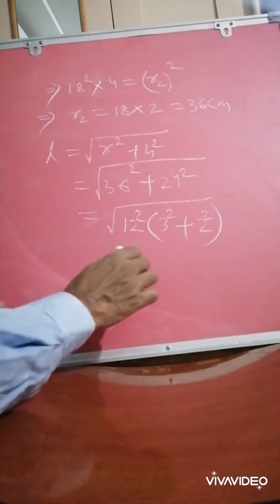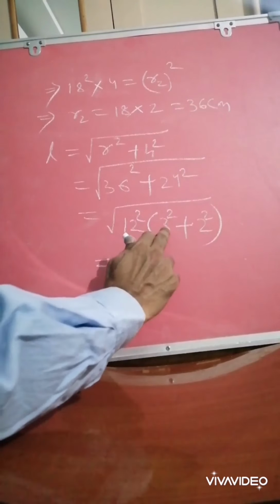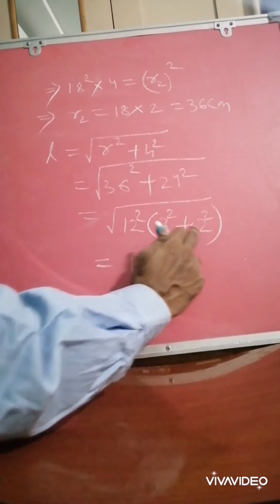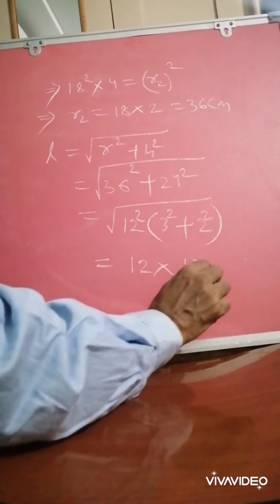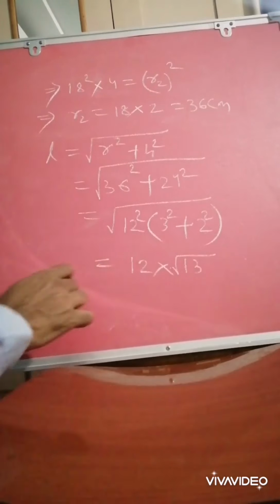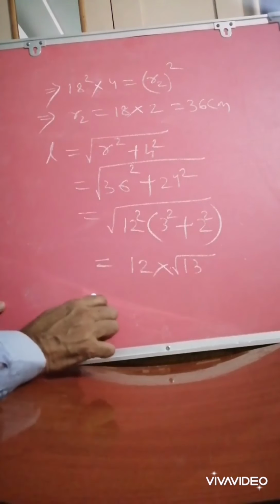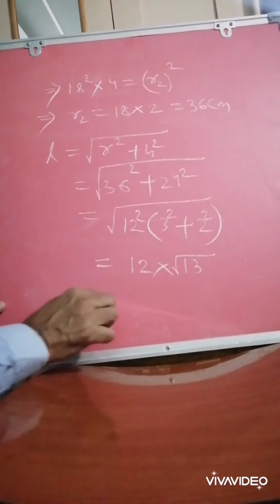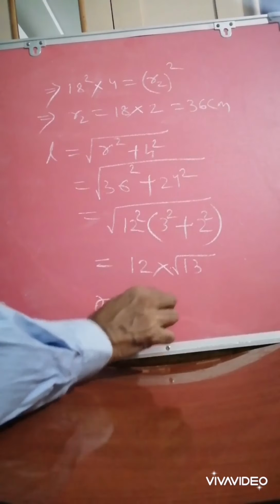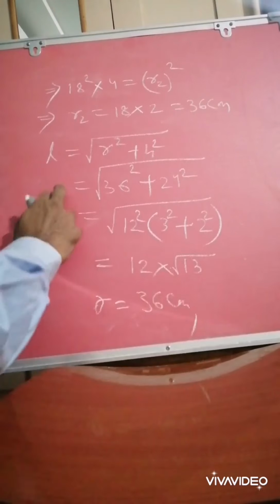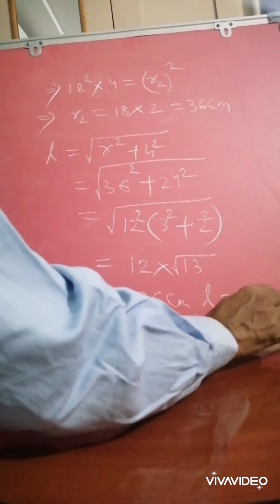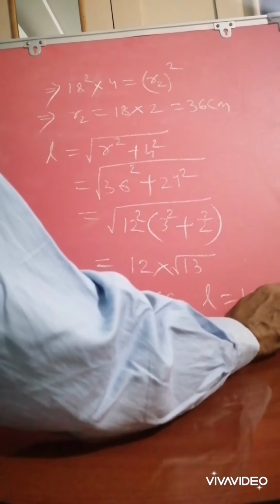So that is 12 root over 3 square 9 plus 2 square 4, 9 plus 4 is 13, so 12 root 13. Therefore we got the result: radius is equal to 36 cm and slant height is equal to 12 root 13 cm.